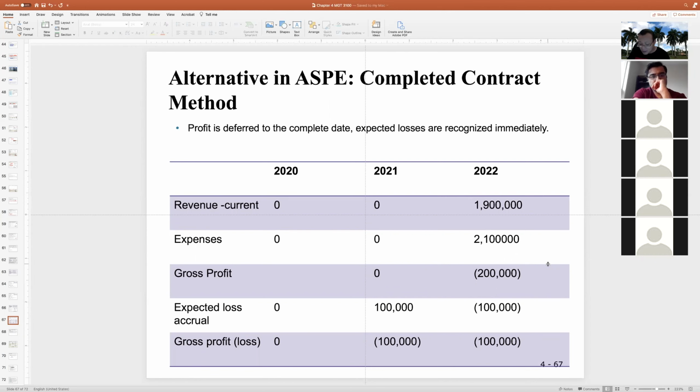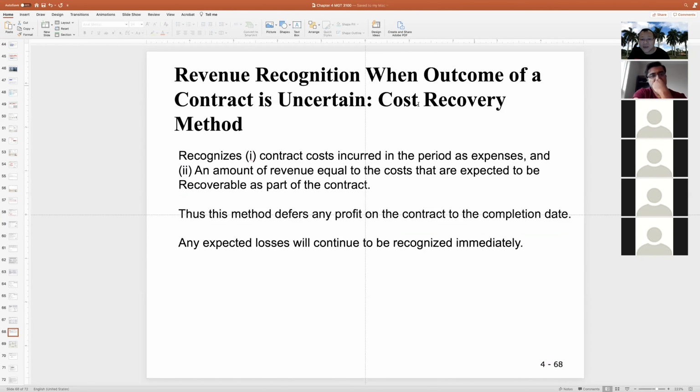But for the cost recovery method, you do recognize revenue and cost, and they are equal every year. This is called cost recovery. You only recognize the amount of revenue needed to recover the cost, so the revenue is always equal to the cost, and the difference is 0. You are not recognizing any profit. If there's any profit, you defer it to the future until the completion.